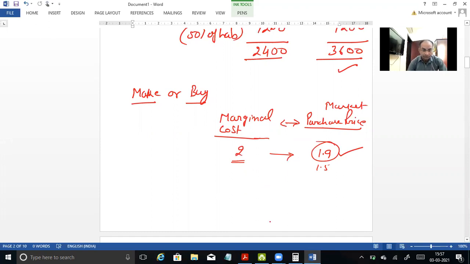If the reverse is the condition, say, for example, it is available in the market for 5 rupees and your variable cost only comes to 3.5, it is less, then it is always beneficial to make it inside. So these types of decisions are taken based on the marginal cost and market purchase price. Whichever is less, we go with that decision.